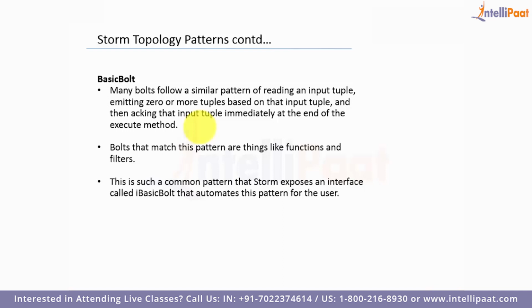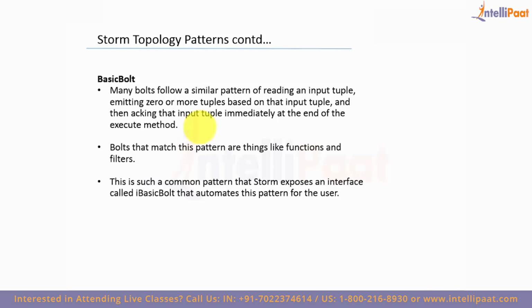If the age is less than or equal to 25, I'm going to filter them out because they are not eligible for the use case that I'm going to apply. But if the age is greater than 25, those are the persons that I am actually interested in, and those tuples I want to store or process as and when required. That is a simple example of a filter function, and this implementation is the simplest example of a basic bolt.